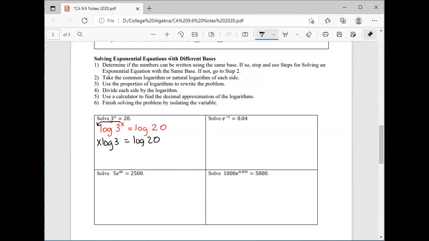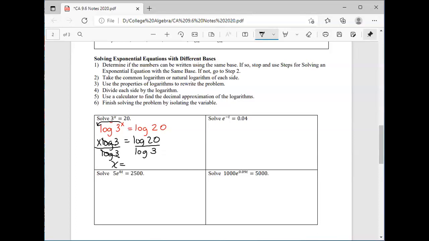Okay, after this it is not complicated because I can get x by itself. It's x times the log of 3. And the way that you get rid of a multiplication is you divide by the log of 3 on both sides. So these cancel out because the log of 3 divided by the log of 3 is just 1.